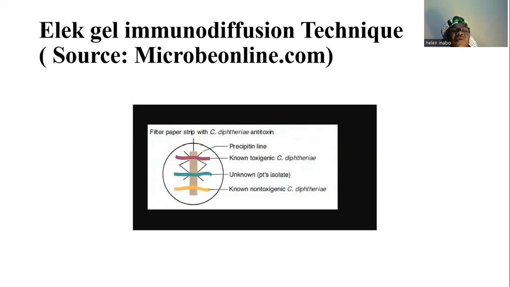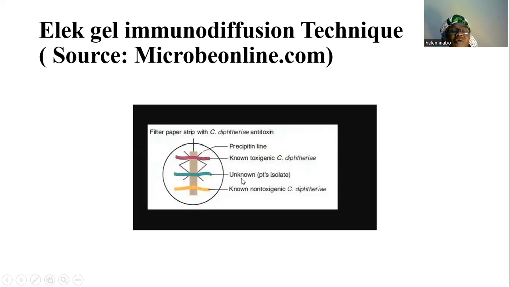It's an in vitro immunodiffusion technique where, in the central area, you have the filter paper strip with Corynebacterium diphtheriae antitoxin, which is placed on the culture medium, and then the toxigenic Corynebacterium diphtheriae, which is the positive control, is streaked across.